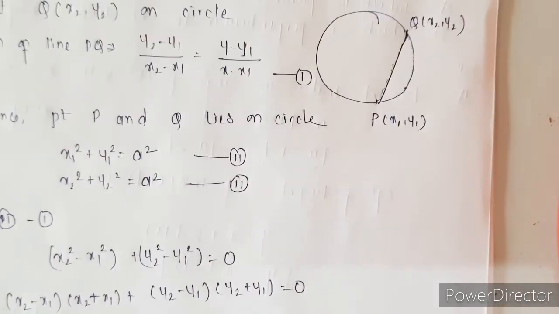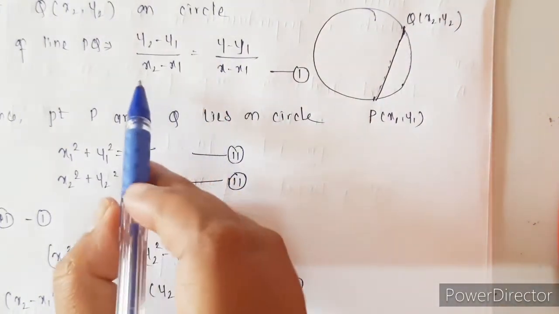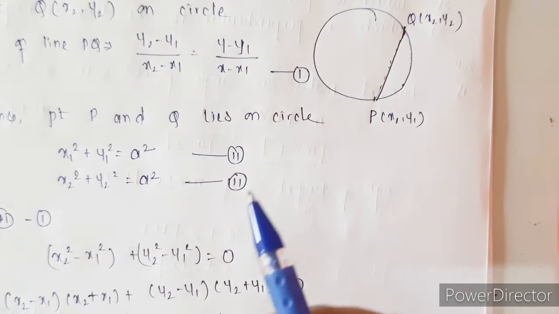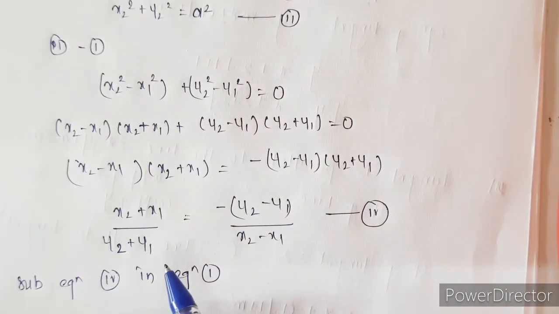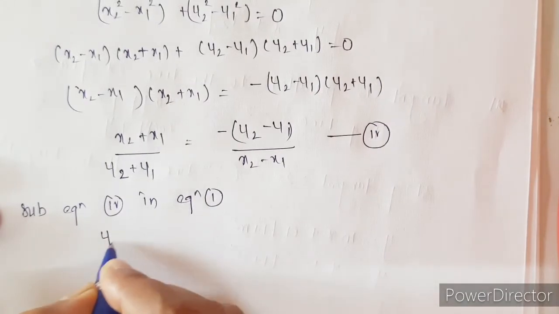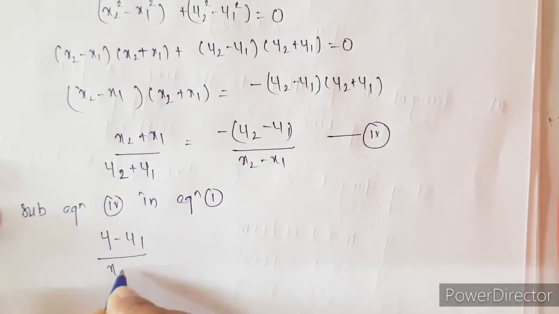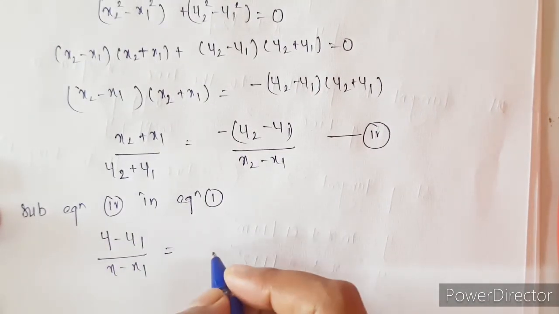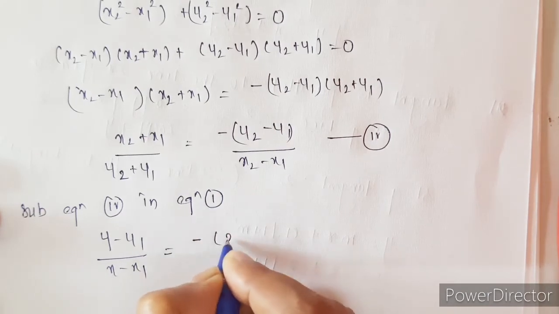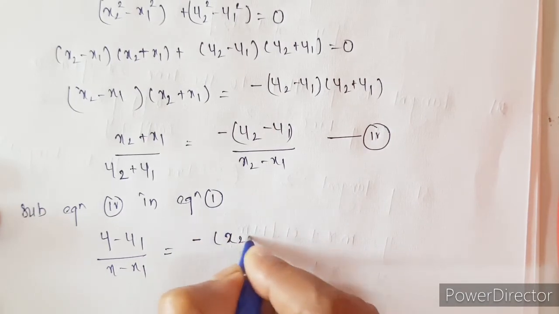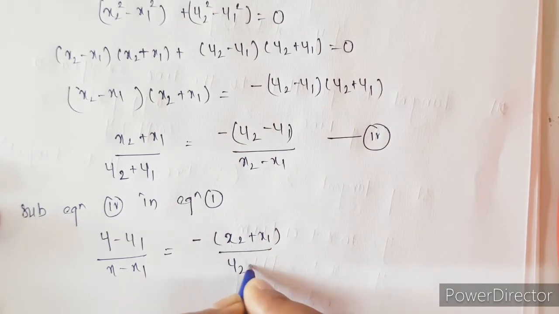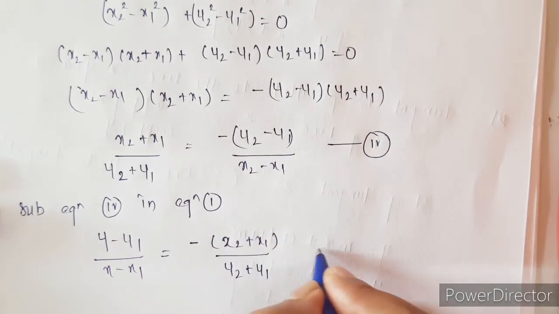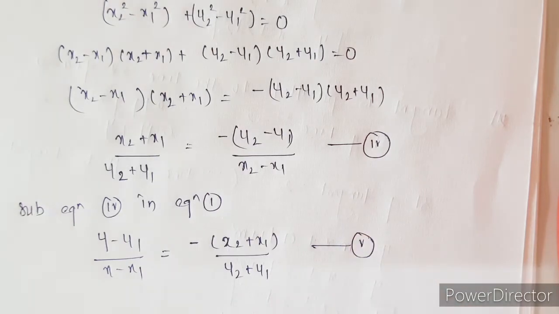This was our equation 1. So instead of y2 minus y1 upon x2 minus x1, I am replacing it by x2 plus x1 upon y2 plus y1, with a minus sign. So what we have is y minus y1 upon x minus x1 equals minus x2 plus x1 upon y2 plus y1, and marking this as equation 5.